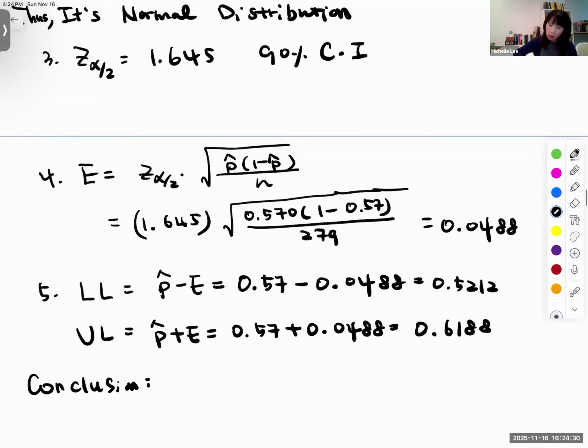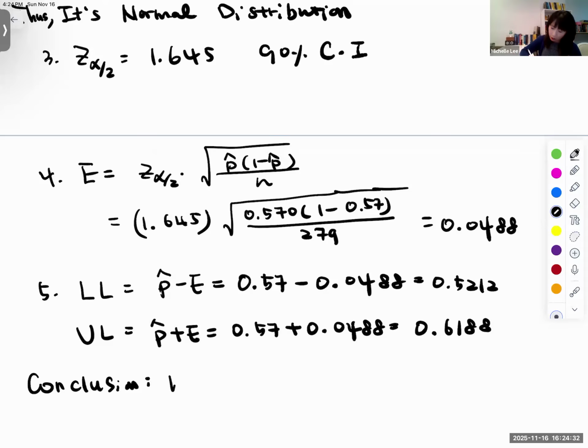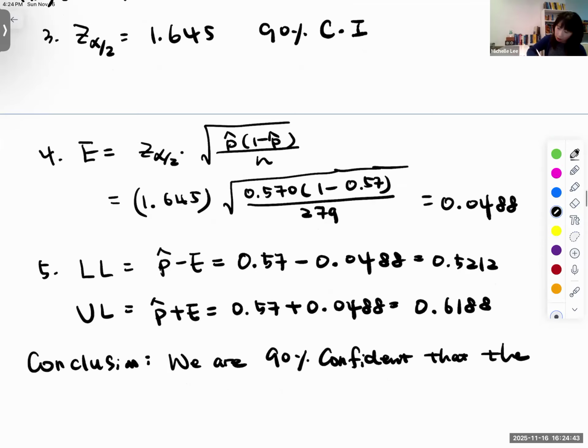Now, conclusion, right? So we are 90% confident that the true proportion of, and then we are just writing out the sentence, right?